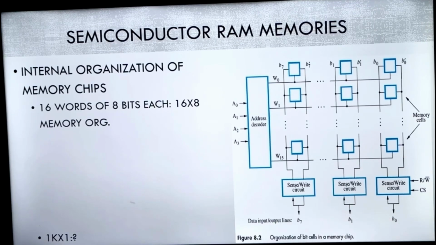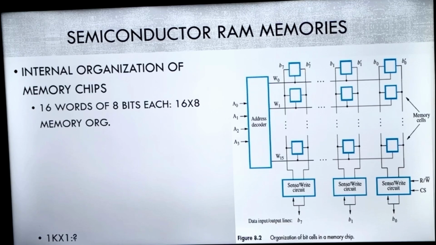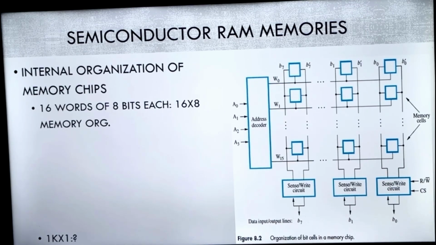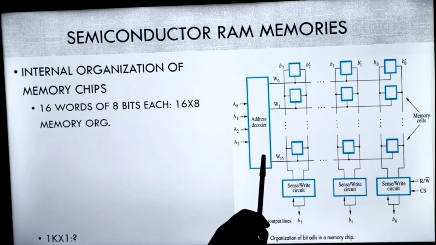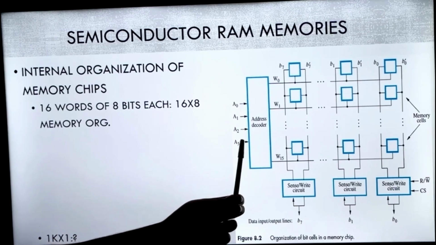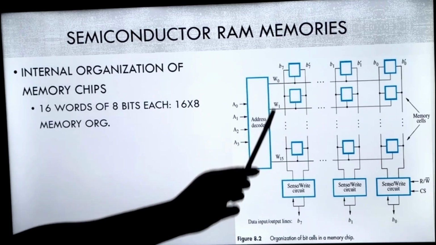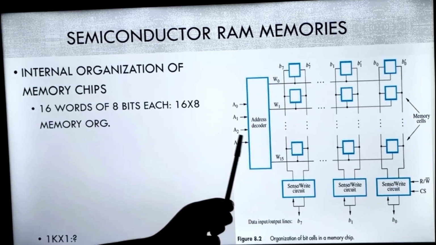Just pay attention, don't think much. If you are asked to tell how many total external connections are required, just pay attention to how to calculate. Total number of external connections is nothing but, first you see what is the input to your decoder, how many input lines you need, note it down. For this example I have 16 different words, so I need 4 input lines.